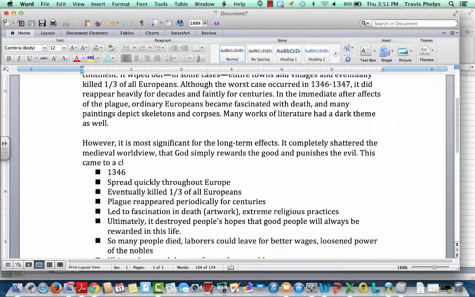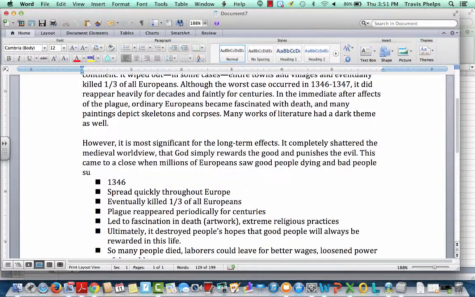This came to a close when millions of Europeans saw good people dying, and we'll just say bad people. I normally don't like saying things like that, but we'll say bad people surviving.